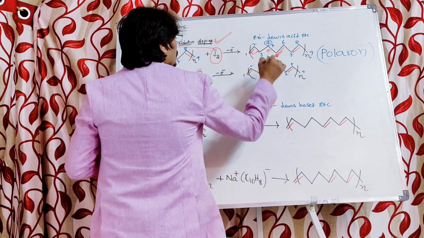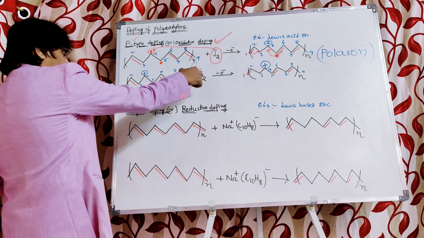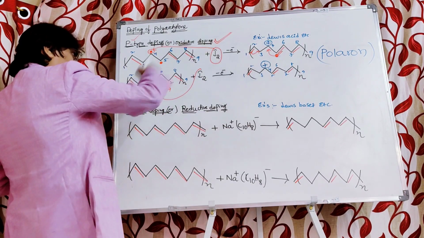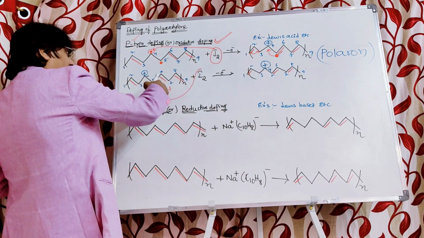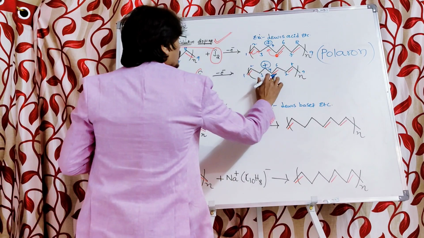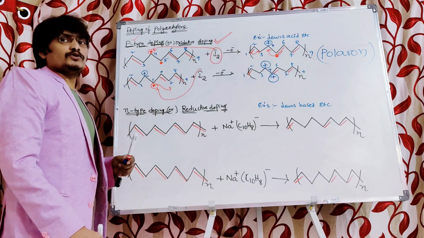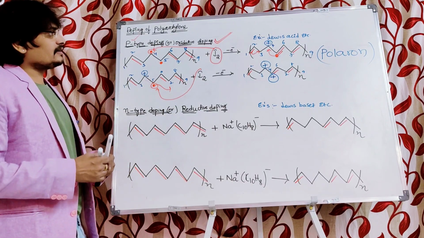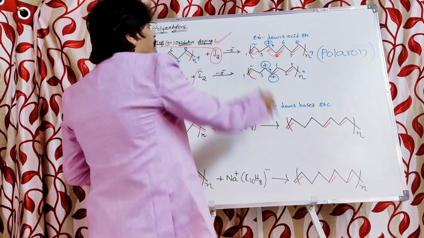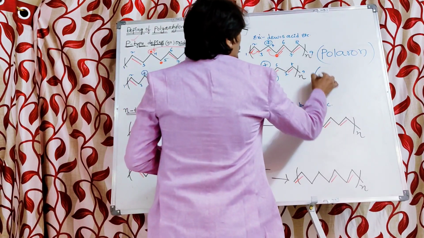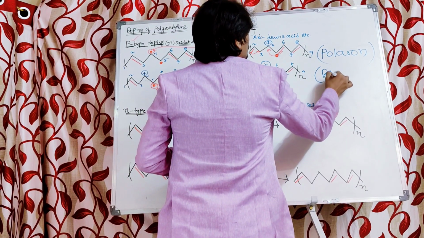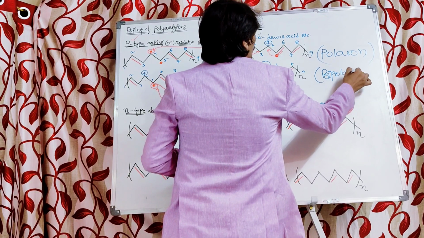Now it is grabbing this electron also. So what is happening? At the 5th carbon also, a positive charge has resulted. Now this structure is nothing but the bipolaron, because two cations are formed.